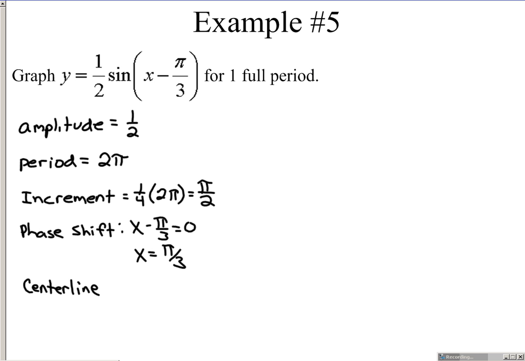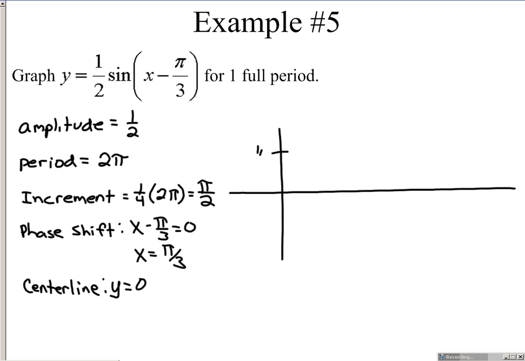Center line, whatever's being added or subtracted from the entire equation, in this case, nothing. So our center line is the same as what we did in all the ones yesterday, just at y equals 0.